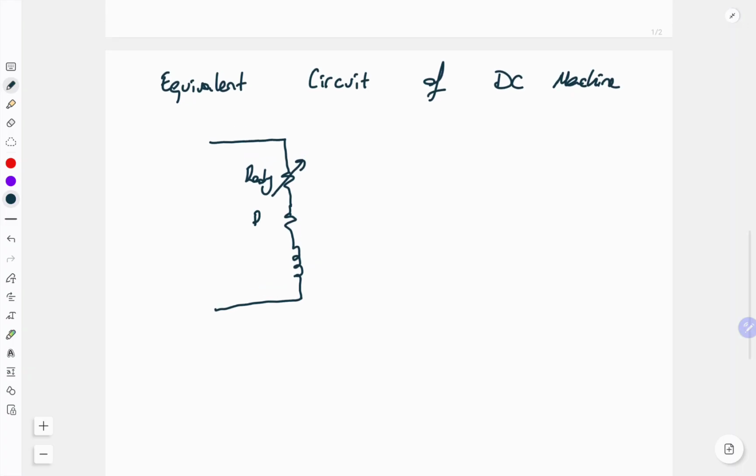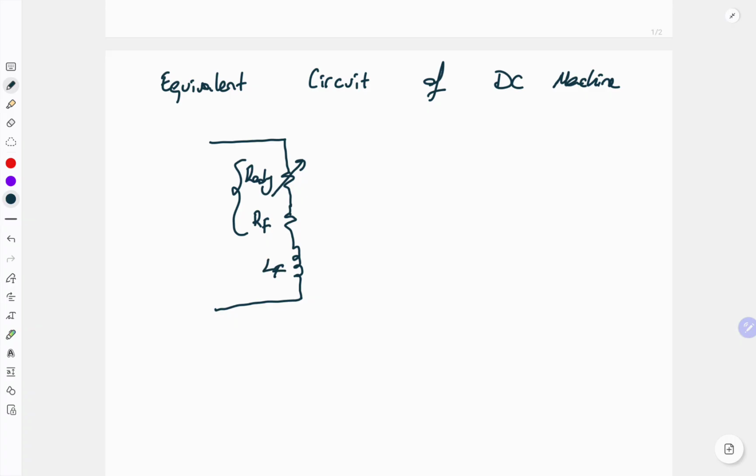The second parameter is RF, but we can lump these two resistances together and show them with a single field resistance. But we should remember if we need to adjust the field current, these resistances can be changed by adding extra external resistances, or with other ways we can adjust them to control the IF.